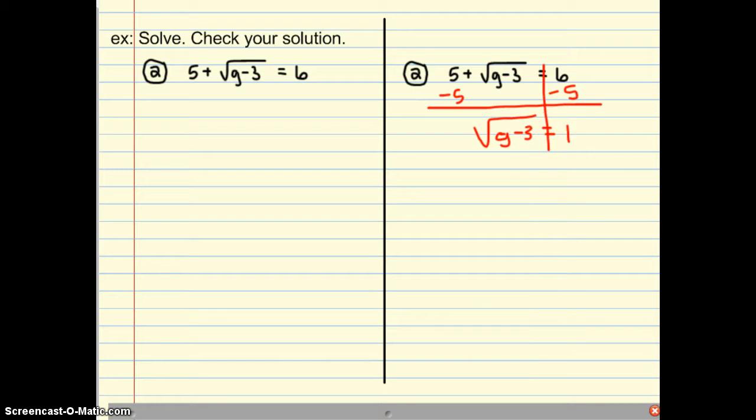And then again here, we're just going to square both of these to get rid of the square root, and the root and the square cancel out. That gives us g minus 3 equals 1. We add 3 to both sides. And g is equal to 4.